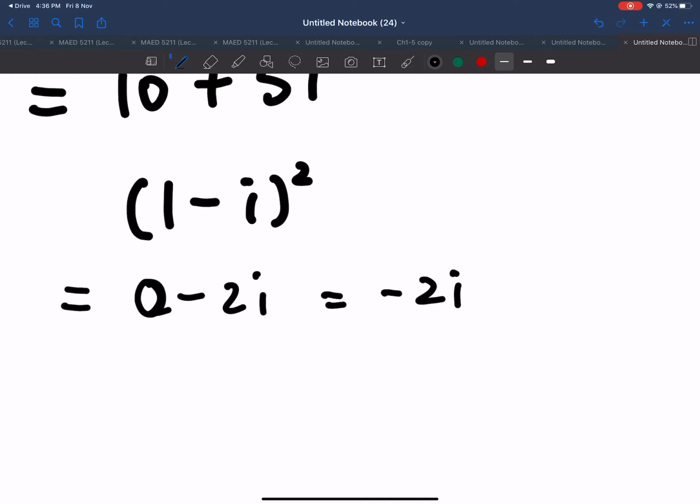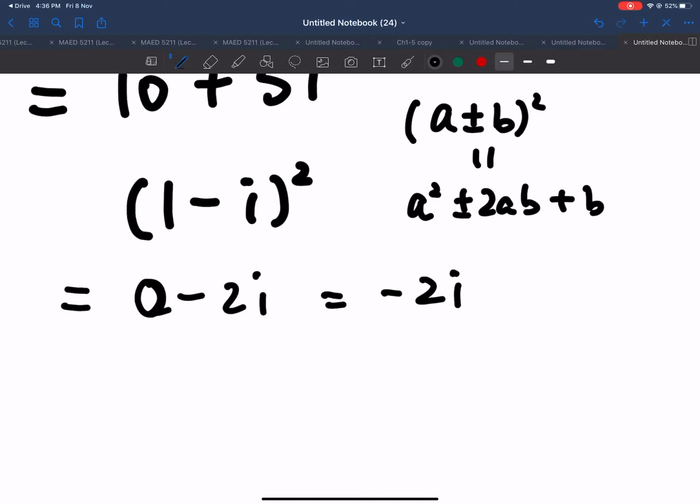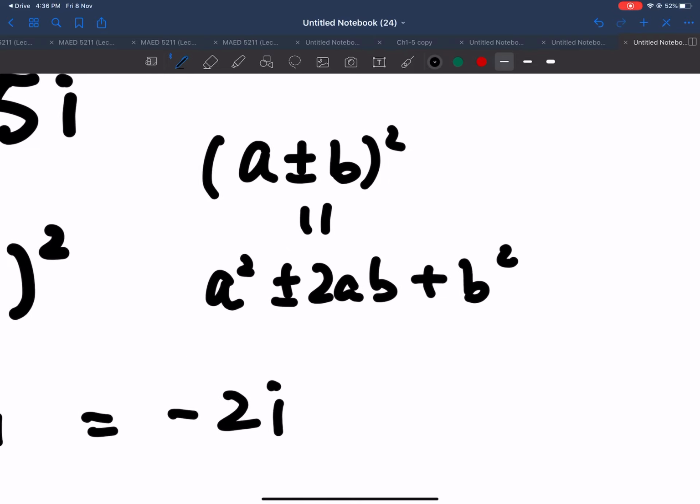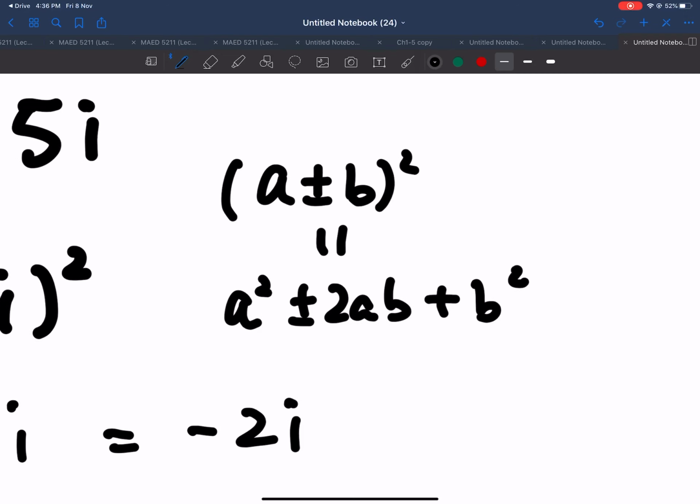Still, but it's negative i squared, so it's negative plus 1. Now actually in this question you can use this identity. You should remember: (a plus b) squared is a squared plus 2ab plus b squared. Do you remember this formula?